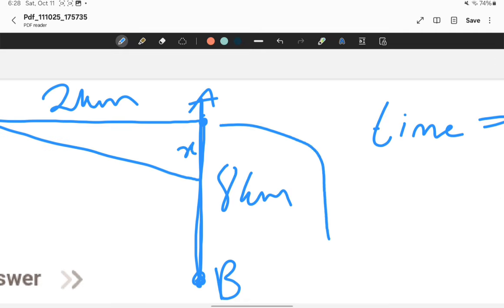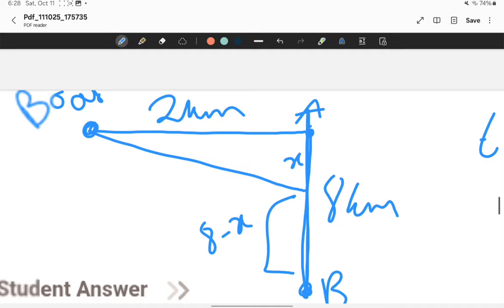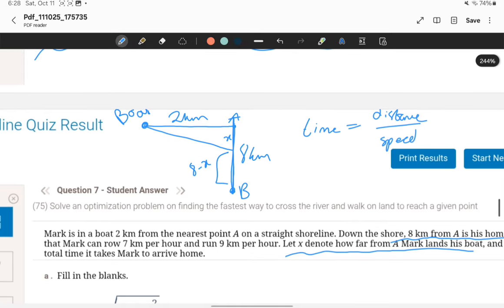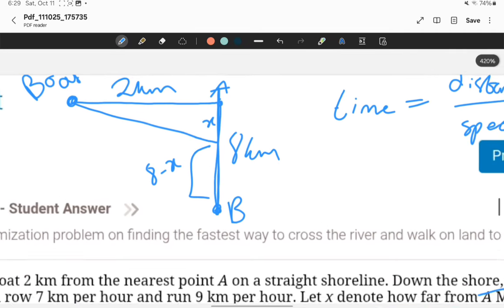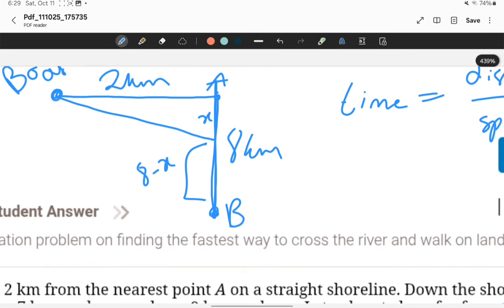So that means, wait, my bad, so that means this part is 8 minus X. Now this means that he's going to be rowing his boat in the water and he's going to end up running, right?